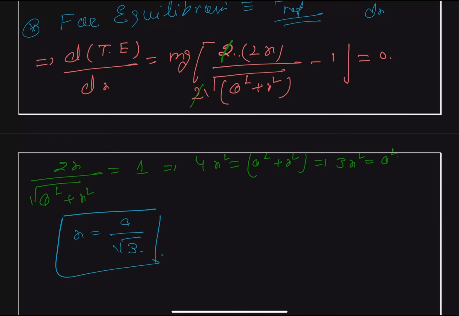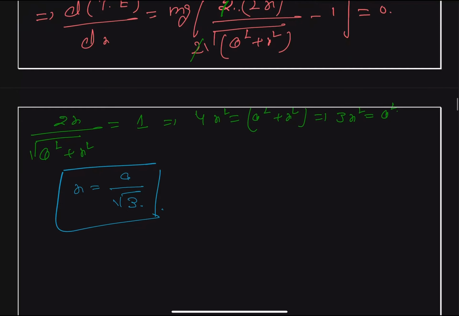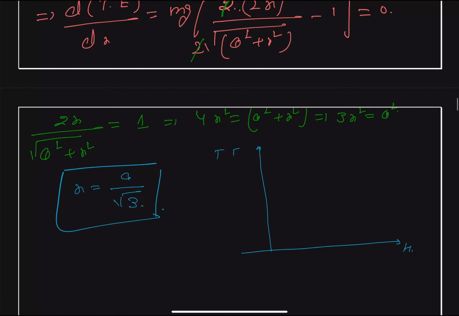So this will be the position where it will be in equilibrium, that is the distance from the center origin O, and we need to find out its graphical representation. And we can just plot the graph. So this is our height h, and this is our total energy, and the initial point is important because here h is equal to 0.